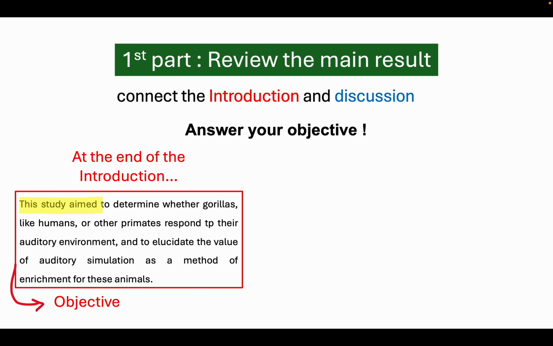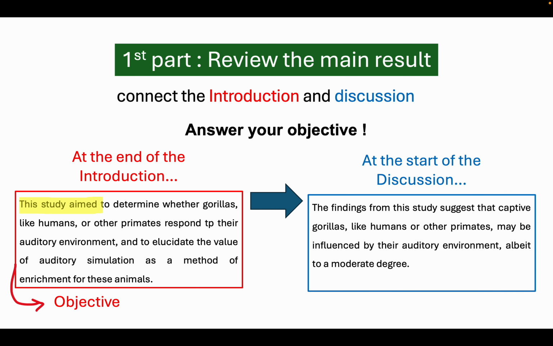In this example, you see that the study aimed to determine all the goals. And in the discussion section, you only have to answer your objective, where you start the discussion section by writing all the findings. Alright, so you can see the example here. The findings from this study are answering all the objectives.